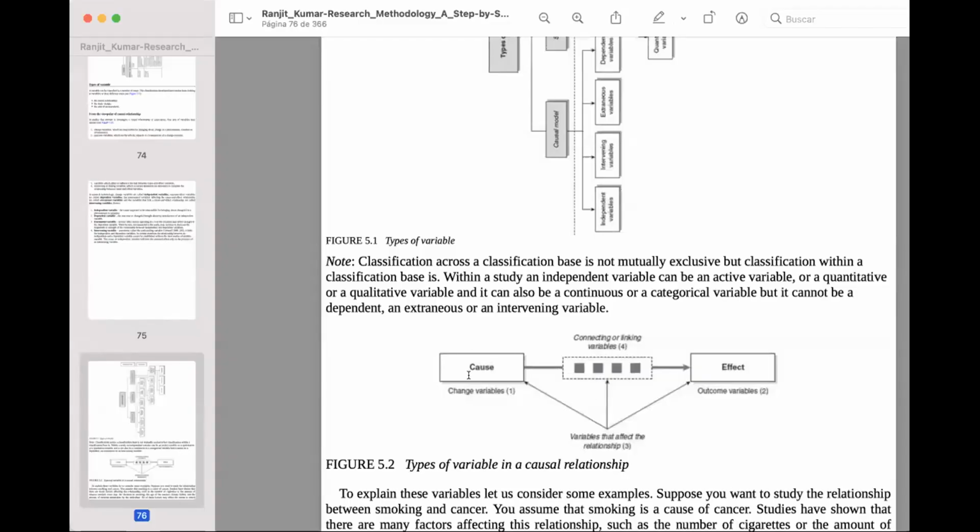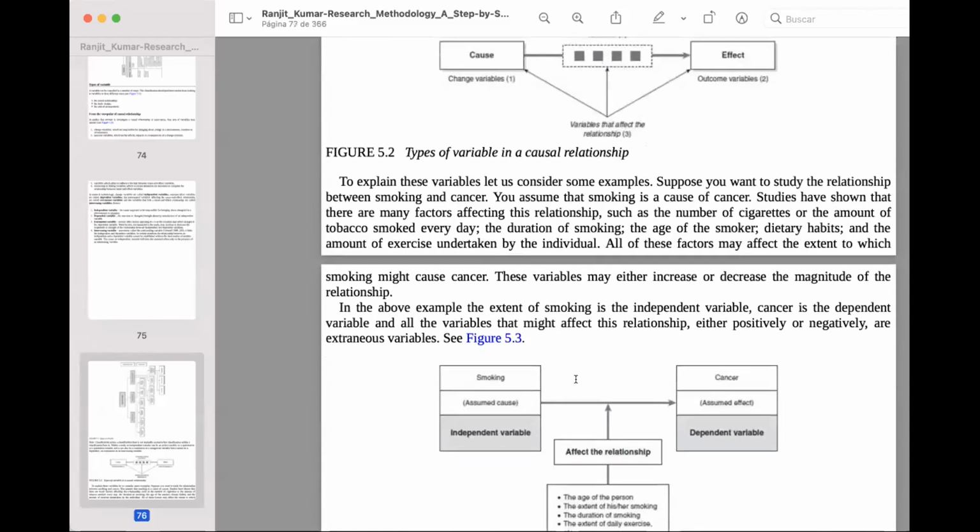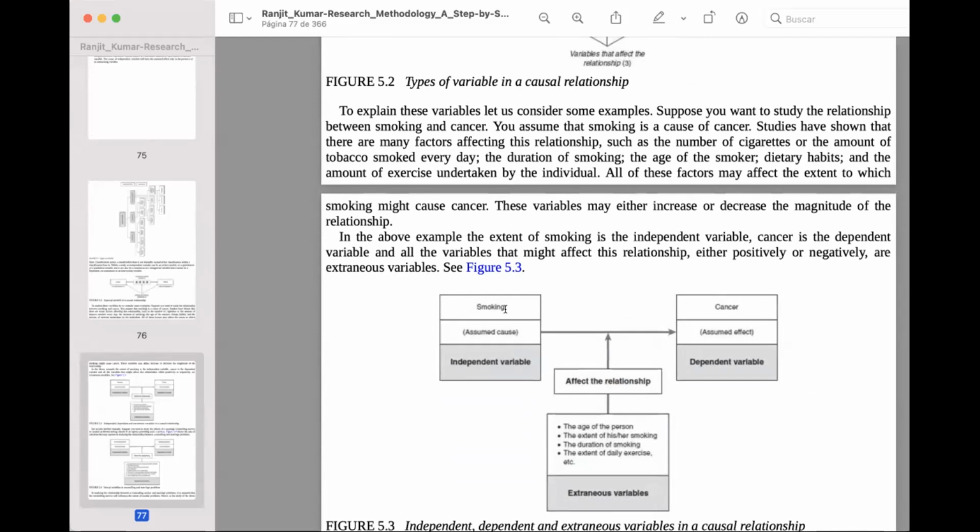So you have a cause and the effect, but in the middle lots of linking variables. In the relationship between smoking and cancer, you have other variables that link or affect: the age of the person, the extent of smoking, the duration, whether they did exercise or not, the amount of smoking.